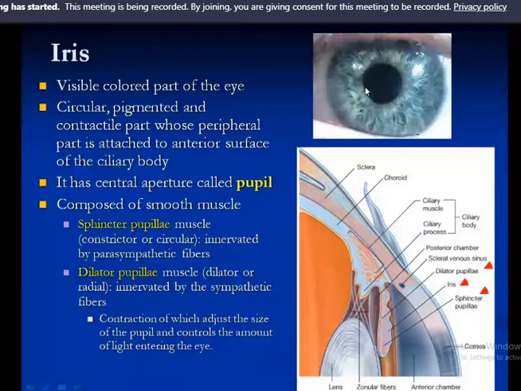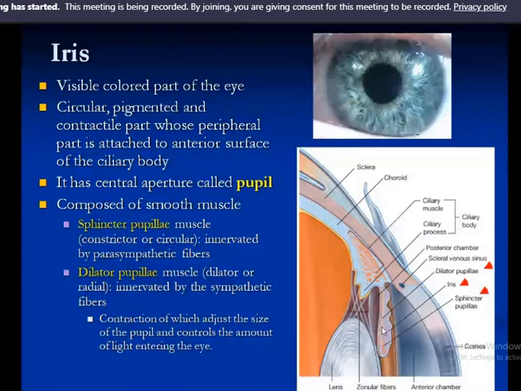And the iris itself consists of smooth muscle. It has two different types of muscle. One is known as the sphincter pupillae, next one is known as the dilator pupillae. Now the sphincter pupillae is innervated by, सिम्पाथेटिक innervation हुन्छ कि parasympathetic?